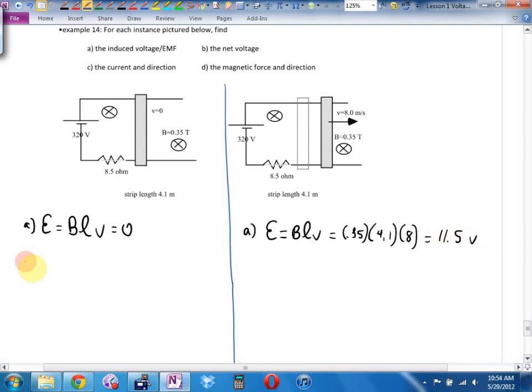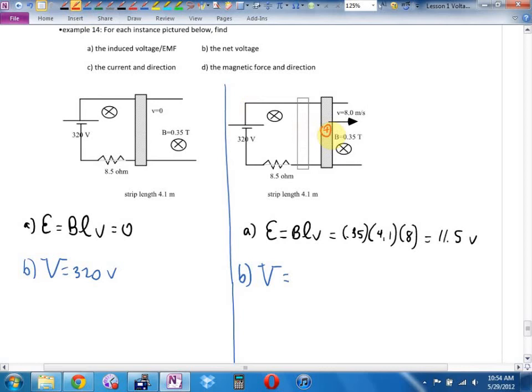B says, find the net voltage. Well, in this first one, since there is no induced voltage, the net voltage is your battery. What's your battery? What's your net voltage over here? Well, it's 320 volts up, but let's just double check. Here's my positive charge. Which way is it moving now? To the right? Which way is the magnetic field? Into the page?